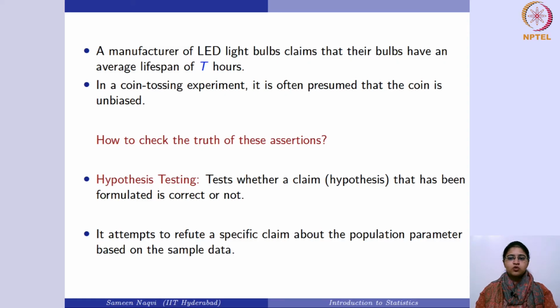Suppose the quality control engineer is interested to see what the average lifespan of the bulbs produced in that company is. For that, he will select a sample, study certain properties, such as the corresponding sample mean, and then come up with a single value that this is going to be the lifespan of the LED light bulbs manufactured in this facility.